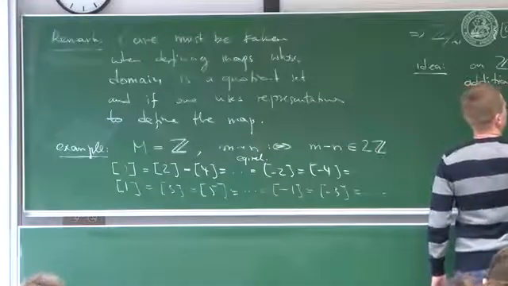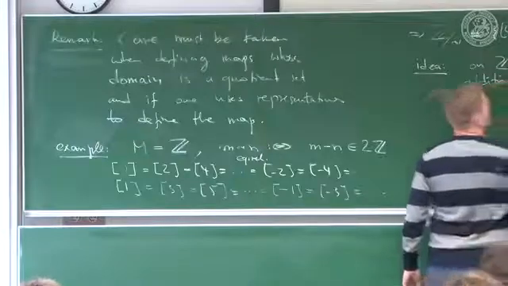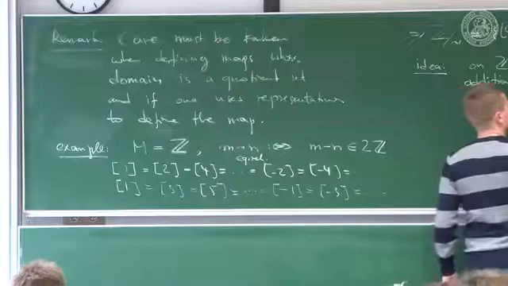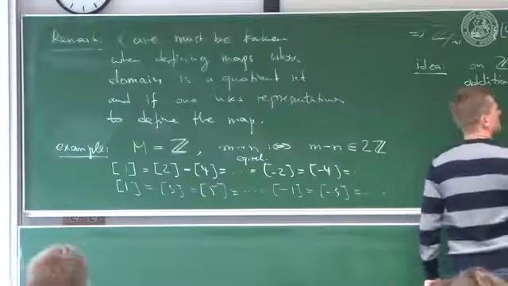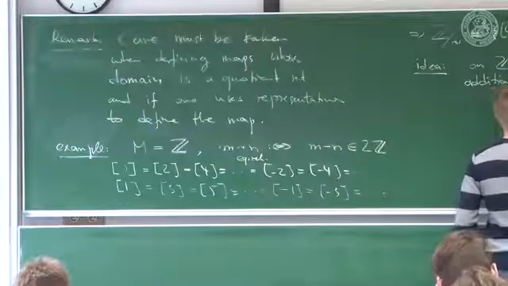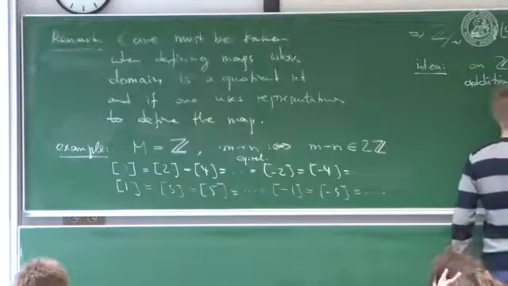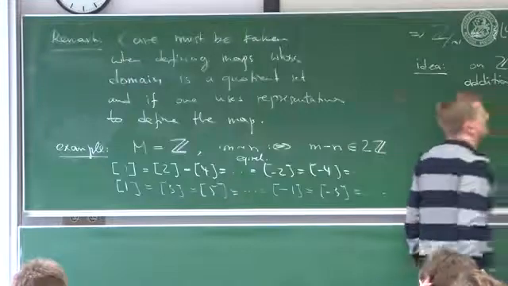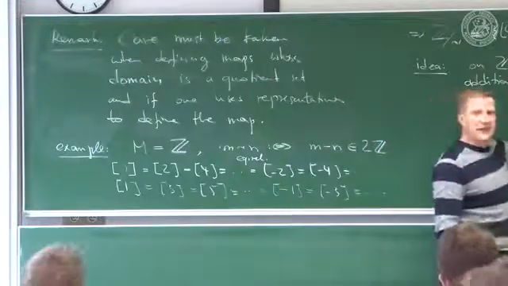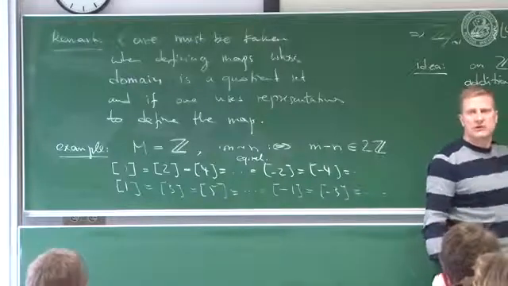It takes two integer numbers and it maps them to an integer number. And this Cartesian product between two sets is actually the set of all ordered pairs of integer numbers.